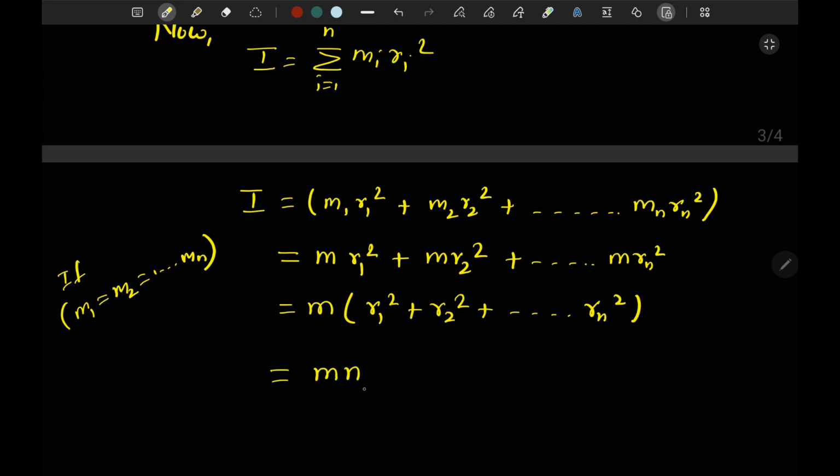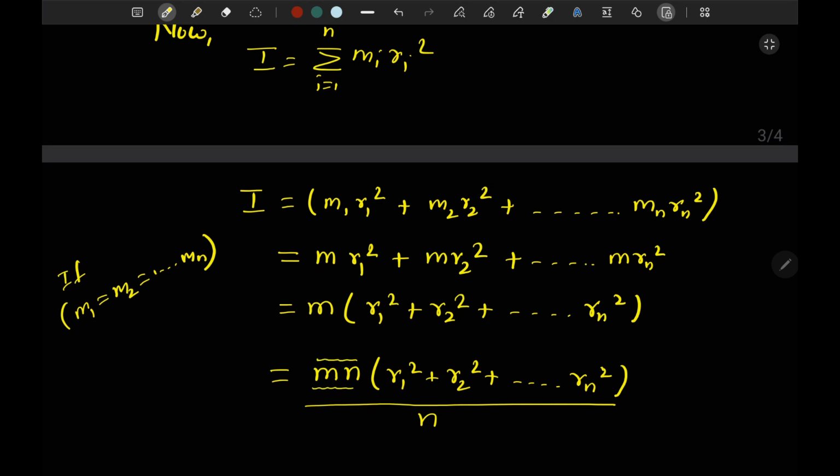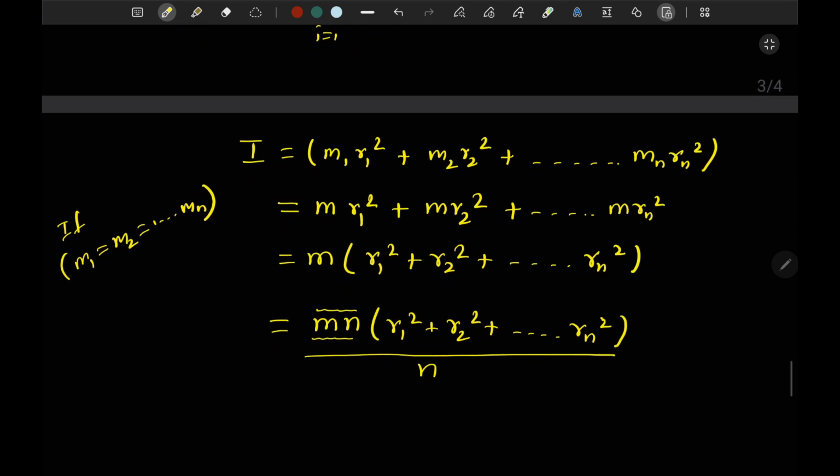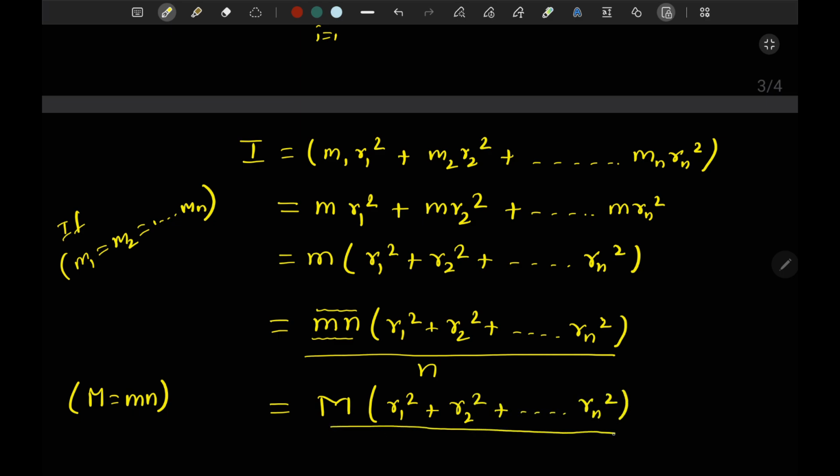Now multiplying n above and dividing by n, where n is the total number of particles, m into n means mass of one particle into number of particles, that means total mass M, times r1 square plus r2 square plus dot dot rn square by n.